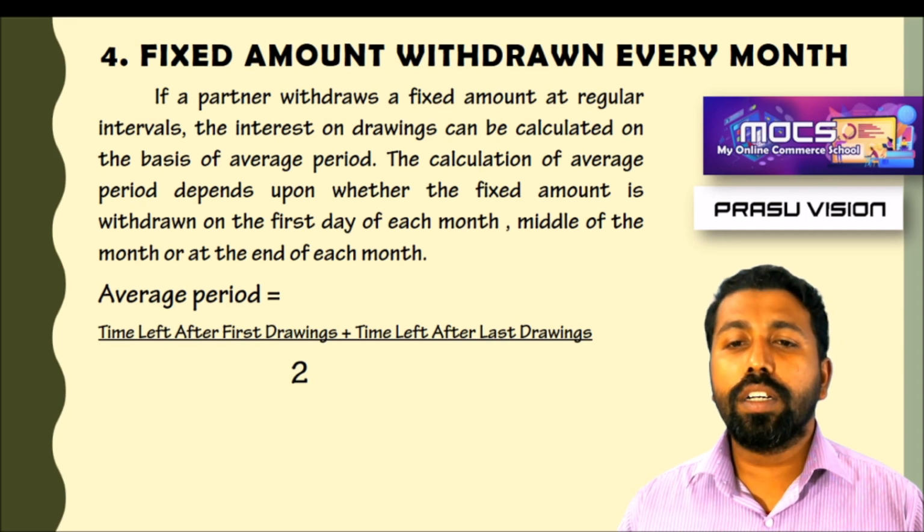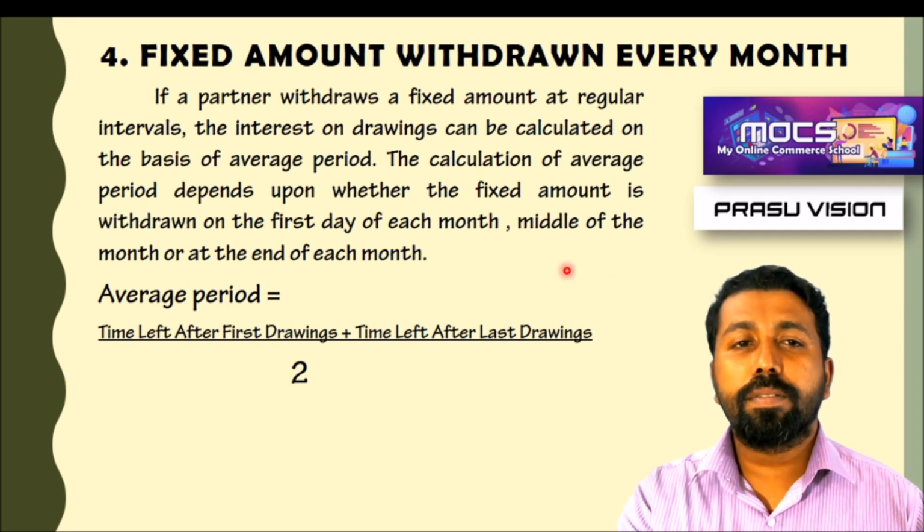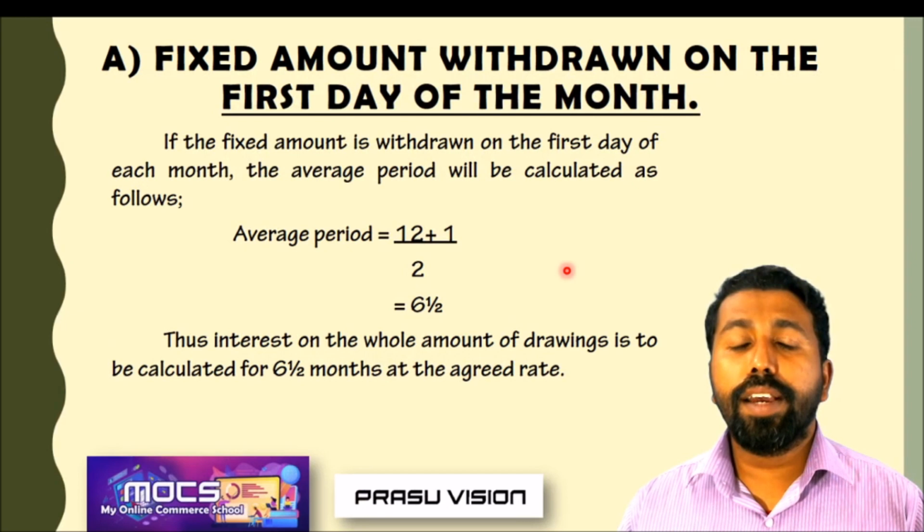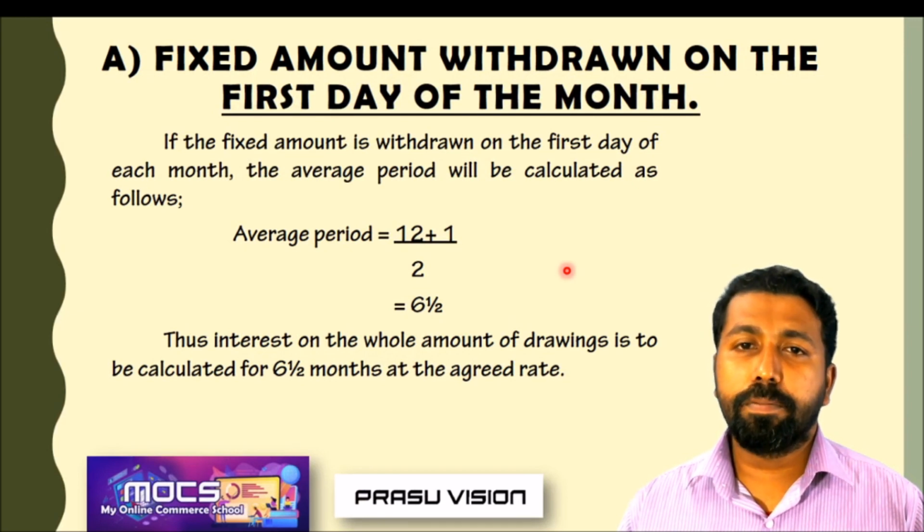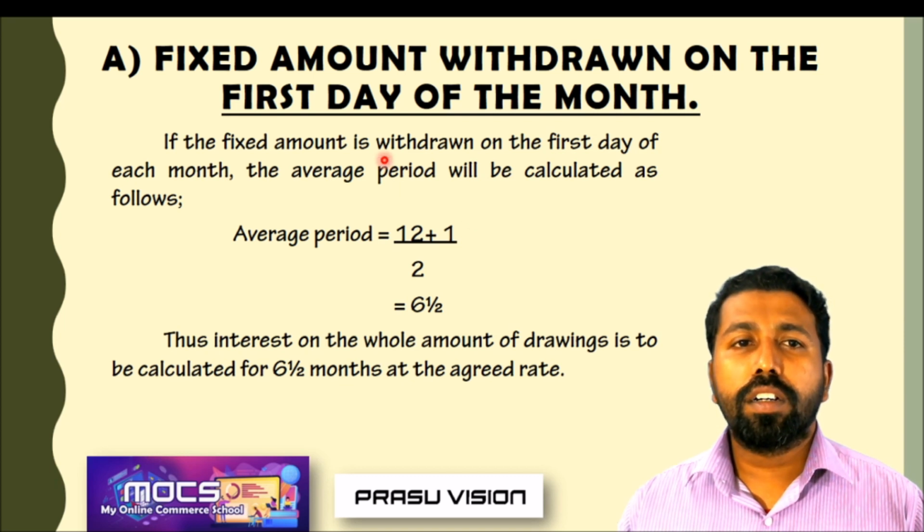So we are going to learn the first case, that is, a fixed amount is withdrawn on the first day of the month. Just observe how the average period is calculated. This statement is very relevant: the amount of withdrawing is made on the first day of the month.